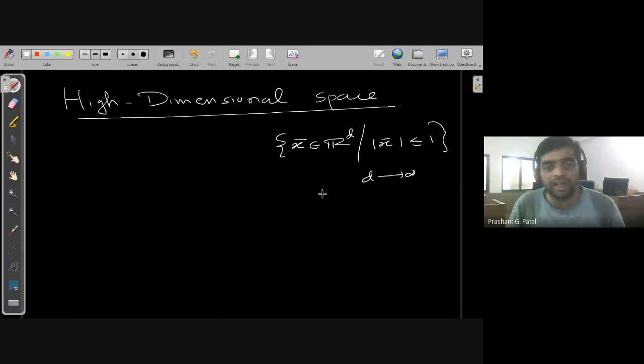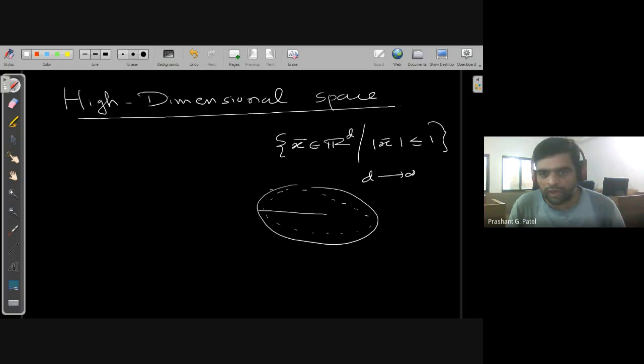So if you consider a d-dimensional unit sphere, all the volume of this unit sphere is near its surface. Also, there is an equator, and nearby the equator you can also find the volume concentrated. These are the important properties which we need to discuss in these high dimensional spaces.